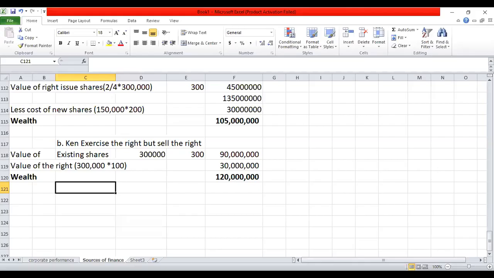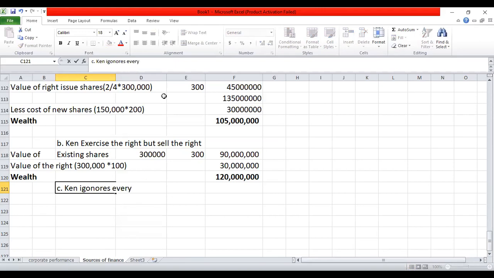Scenario number C. Kenny ignores everything. Suppose he ignores everything.